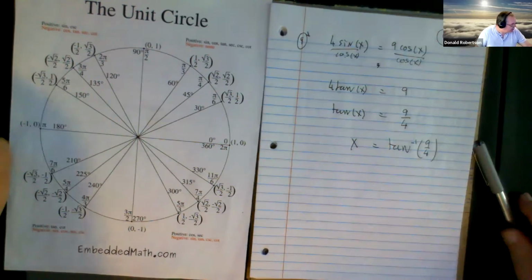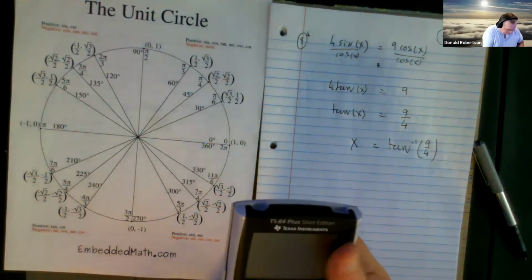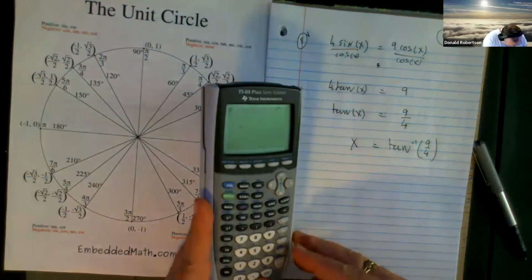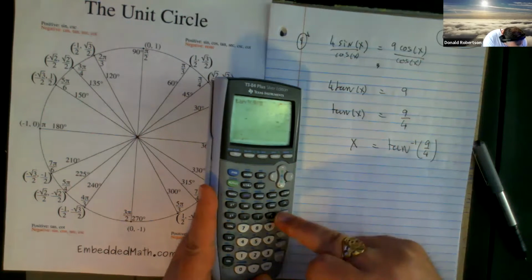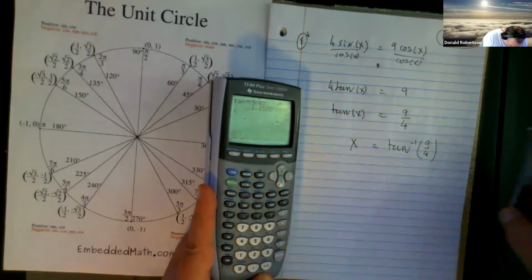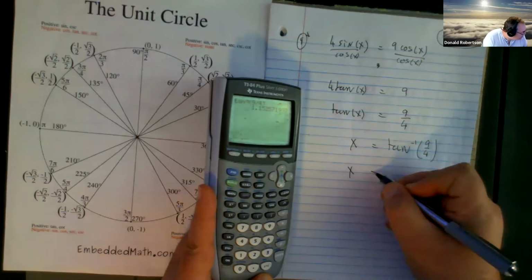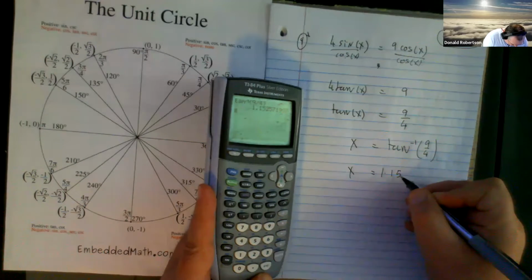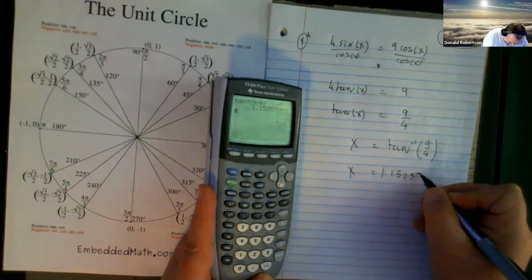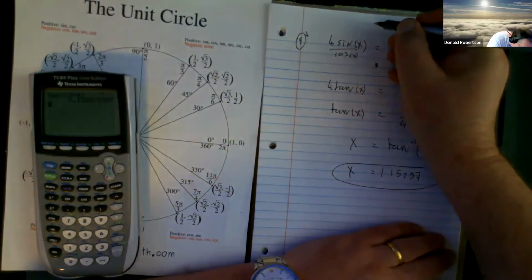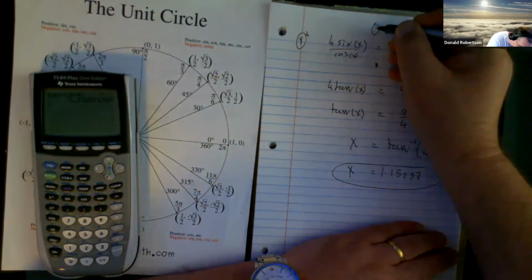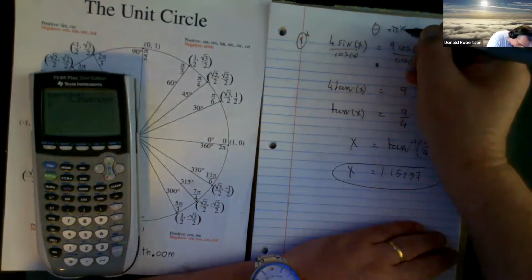And they want it in radians. So I'm going up here and I'm going to go inverse tan of 9/4. And what was it, 5 decimal places? 1.15257. And they also tell you in this question that they want the answer in the form that looks like that.